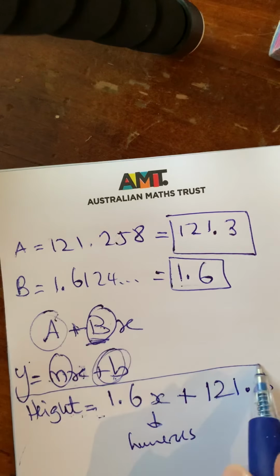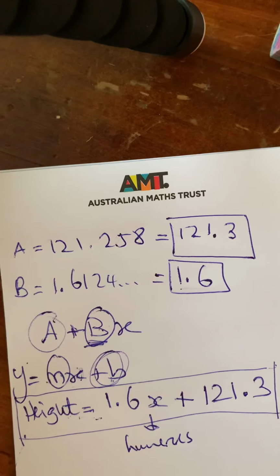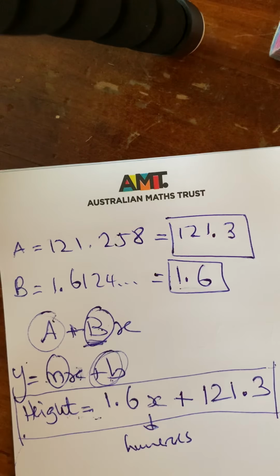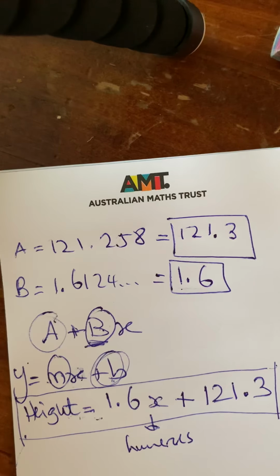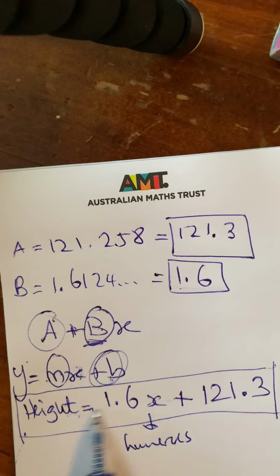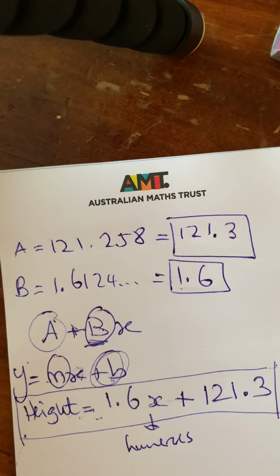That's the equation of the least squares line of best fit, or least squares regression line, or trend line, or median regression line. It's got a few names, but that's how you find its equation using your calculator. And you should watch the video on how to do that using Google Sheets.